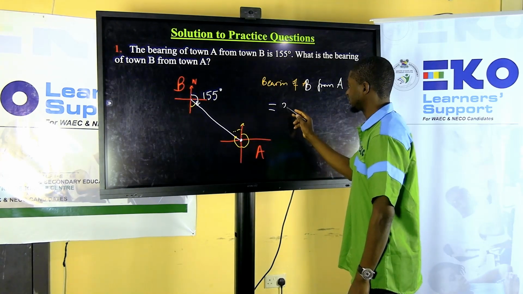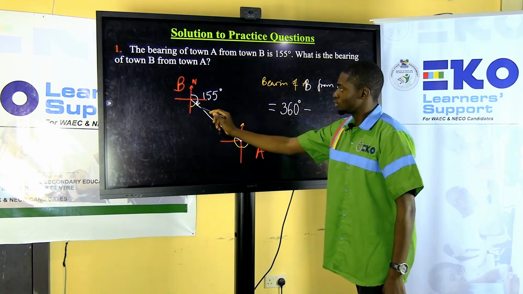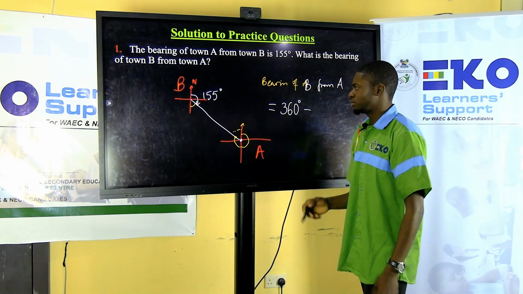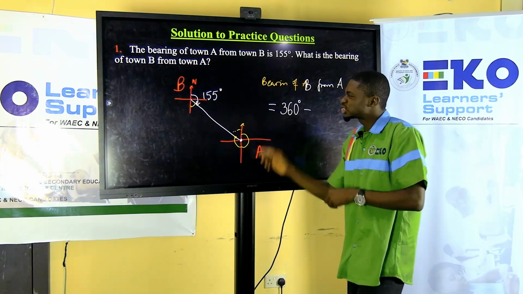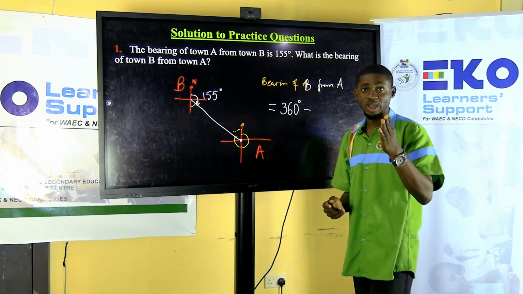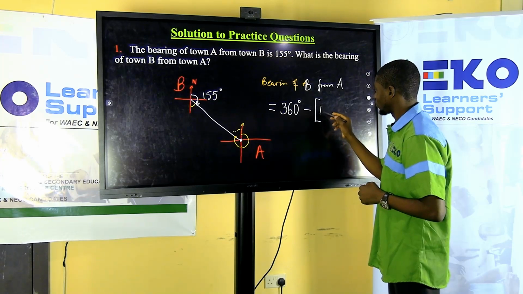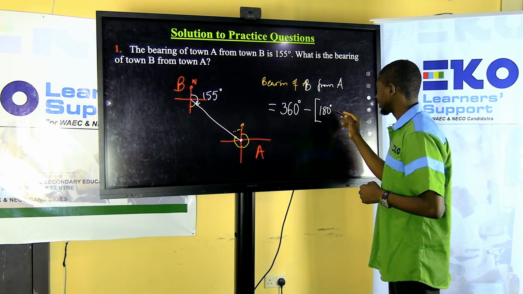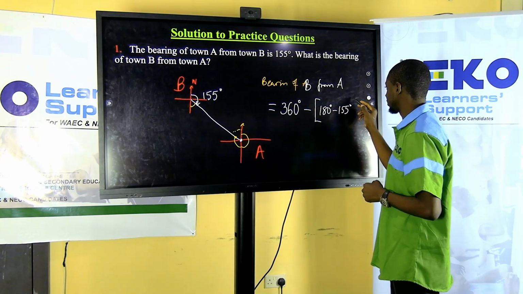So it's going to be 360 degrees minus whatever angle that is left here. Okay, we don't know the angle, but we know that that angle is gotten by subtracting 155 from 180. So you can now say minus 180 degrees minus 155 degrees.